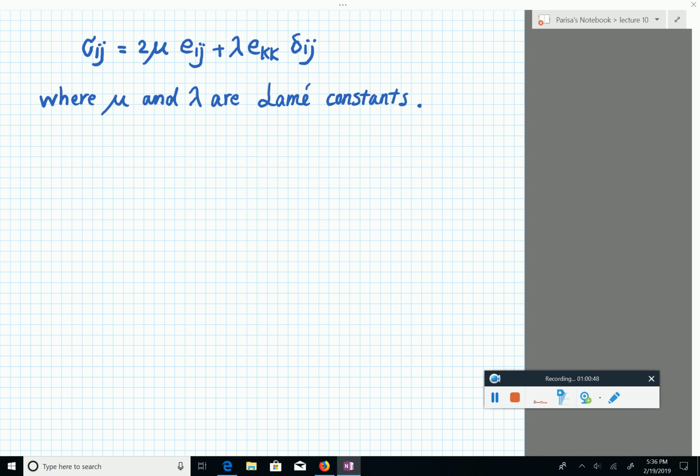And I'm using tensor notation, so e_kk means that you have actually the summation. I hope this is clear. So this relation can be inverted. We can write it in terms of e_ij, in terms of sigma_ij. And since we are going to use it very often, we should write it down.